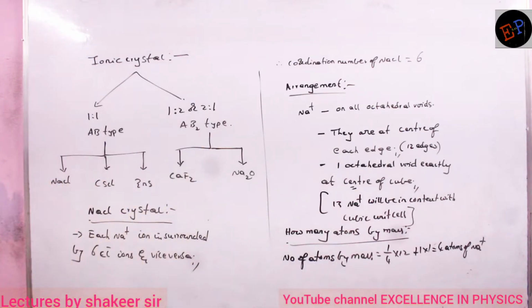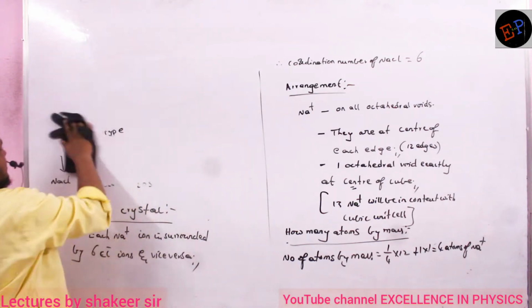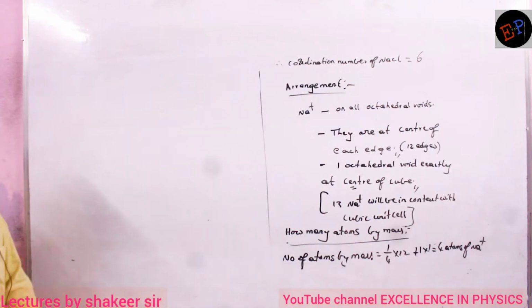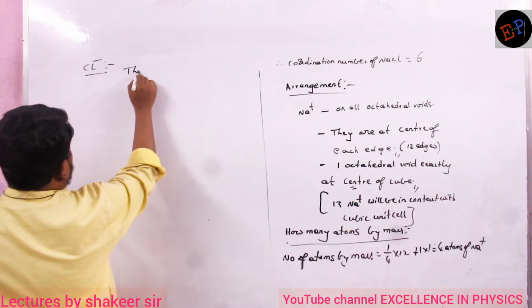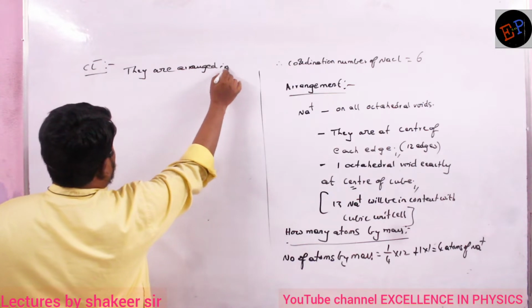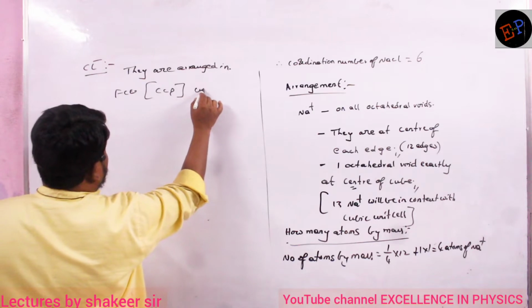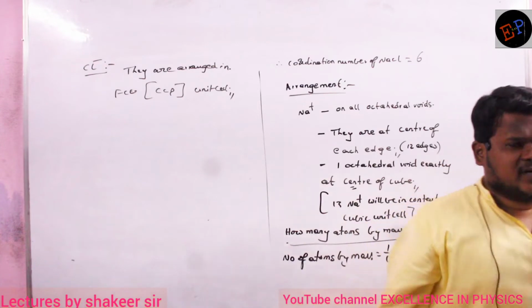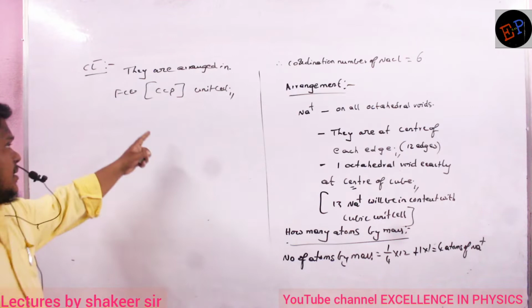Similarly, let us study about the arrangement of Cl minus. Cl minus anion. So they are arranged in FCC manner, or you can call it as CCP unit cell also. Where can you find Cl minus ions? They are present in FCC manner.